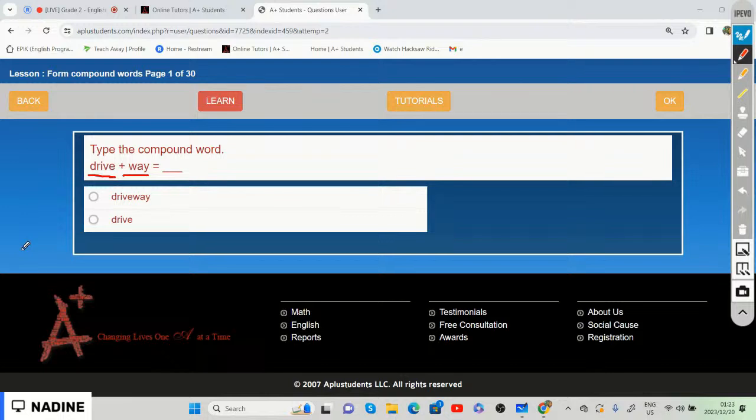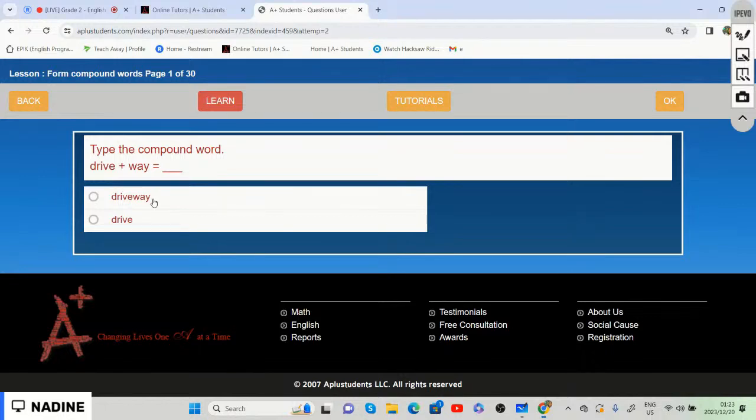And if we type the compound word by combining drive plus way, then we can say driveway is our compound word. So drive and way, and then we find the compound word, which is driveway.